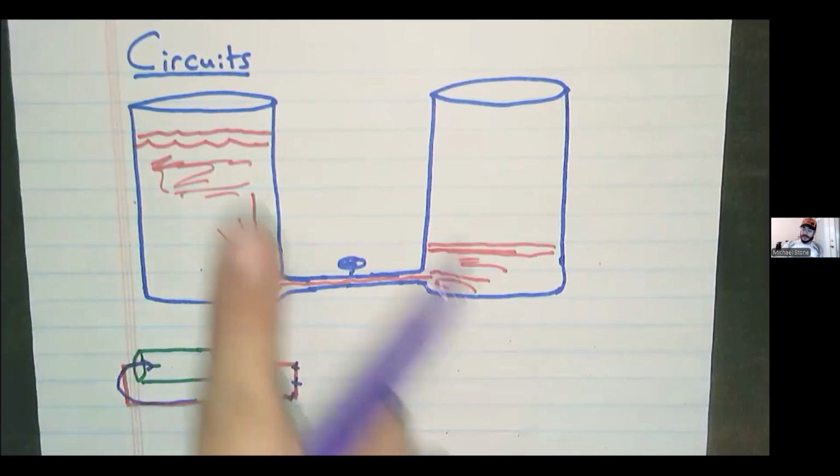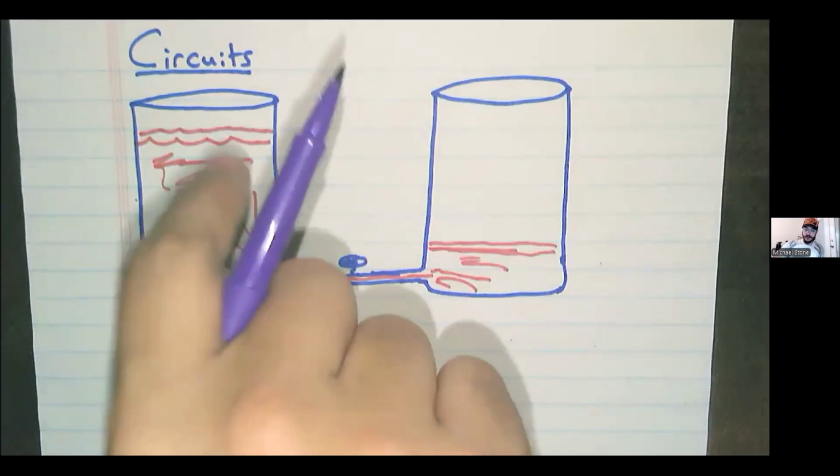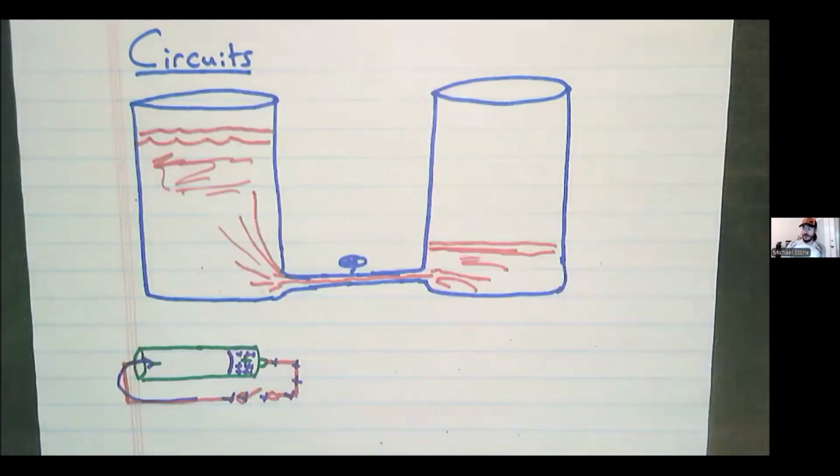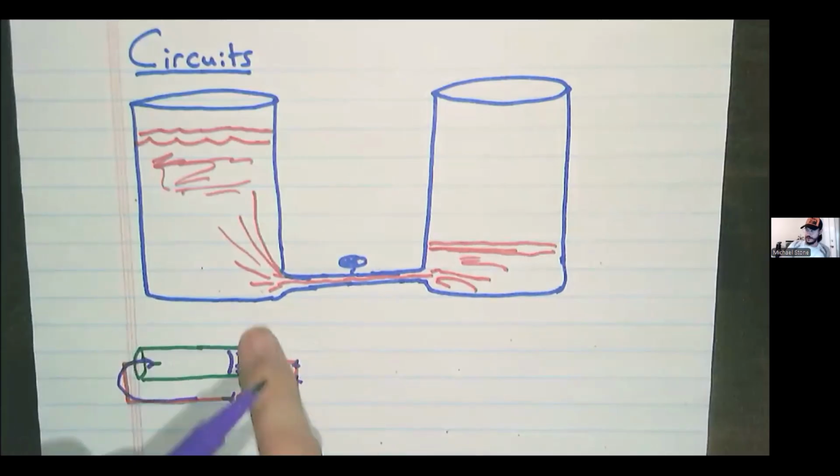But in this case, the water supply has a high pressure and the water height gives gravitational potential energy. Here we have effectively kind of an electric pressure, repulsion, and an attraction. So there is electric potential. So energy is available to get them to start moving.